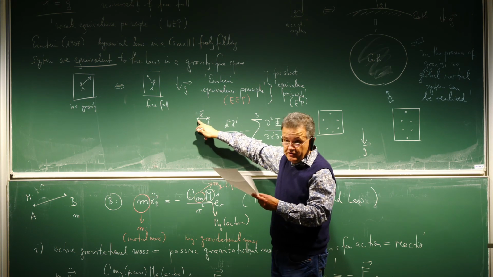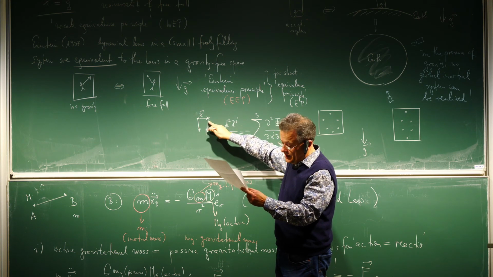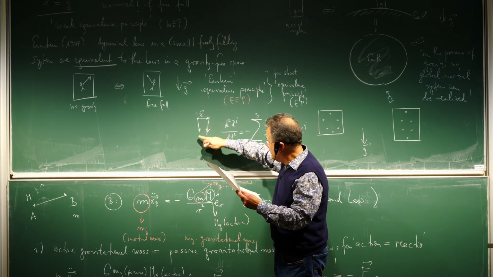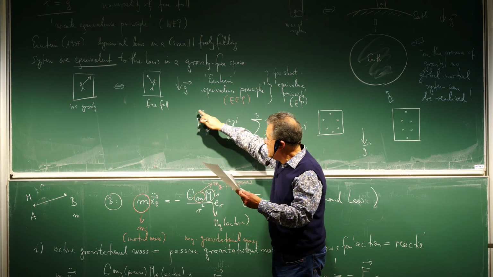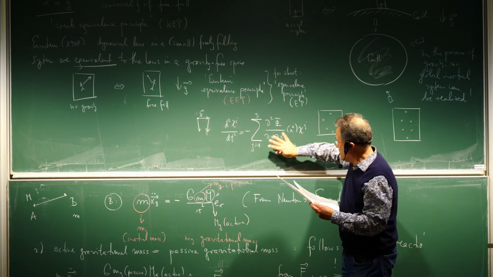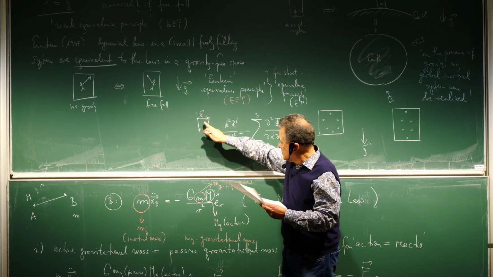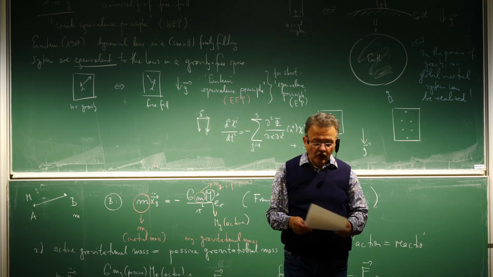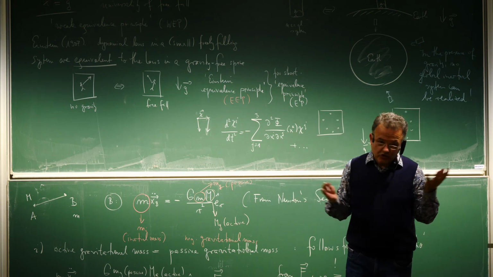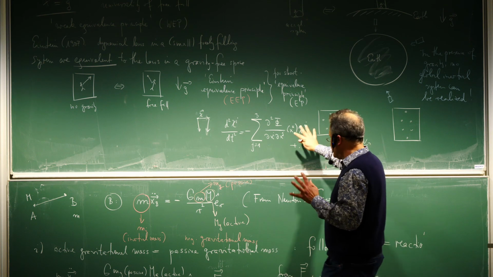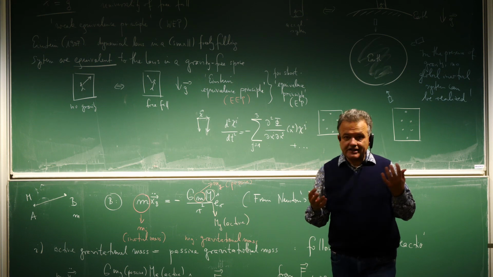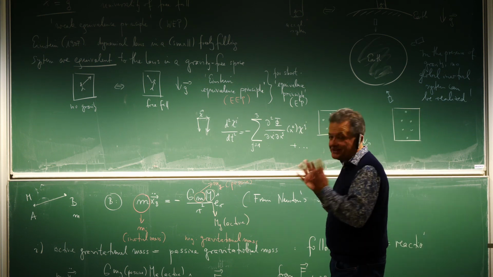You write down Newton's second law for this particle and for that particle, expand in the small distance, and then take the difference, and this is what remains. It's the second derivative of the potential. That's the law for the tidal forces, for the influence of the moon and the sun on the oceans, for example. This is also what we will generalize in general relativity, and it will lead us to notions such as the Riemann tensor. But this is far away.